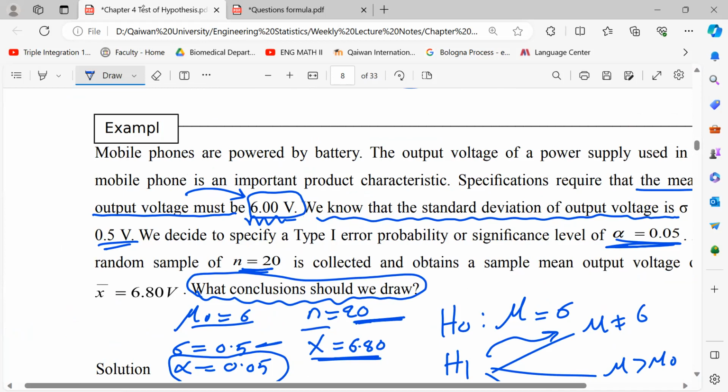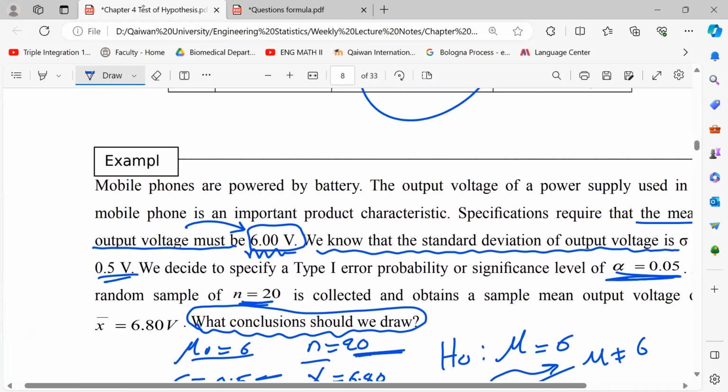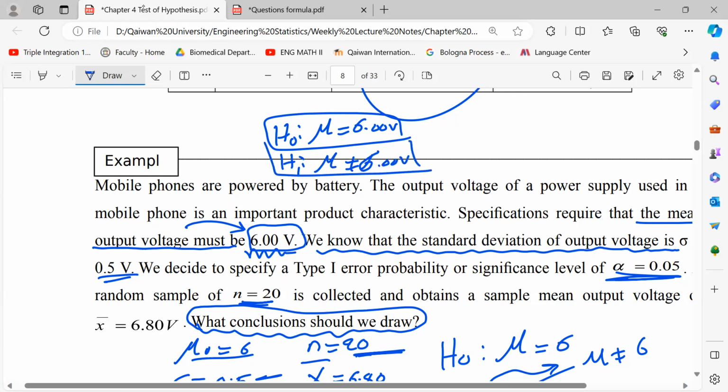So we write down H0 is that mu is equal to 6 volt. And the alternative hypothesis, H1, is that mu doesn't equal 6. These are the hypotheses. It is the second step.